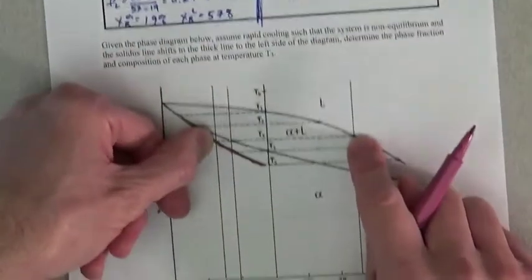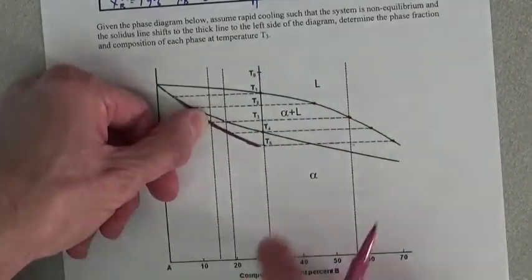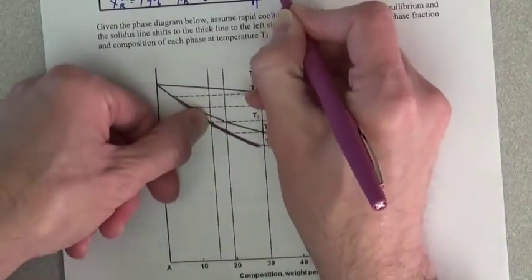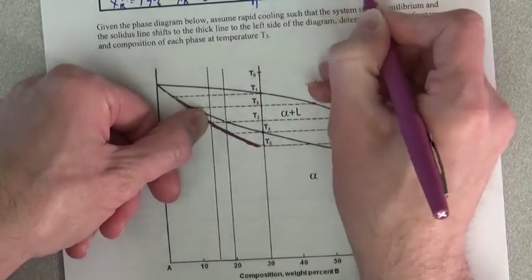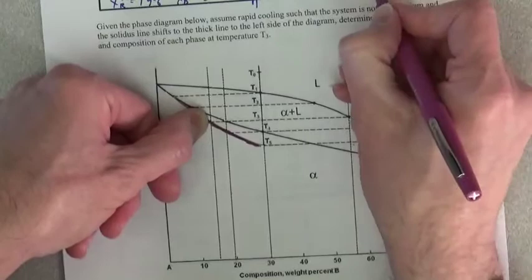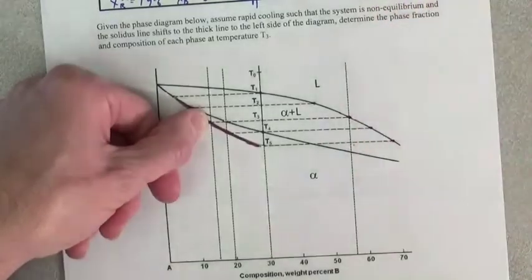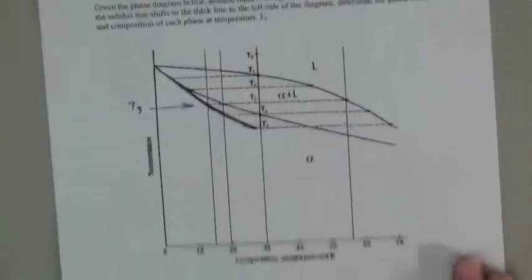And then, again, the composition is just from dropping the verticals. So XB alpha is equal to 15%. XB liquid is equal to 57%. That's it.